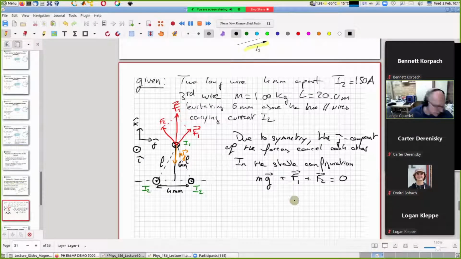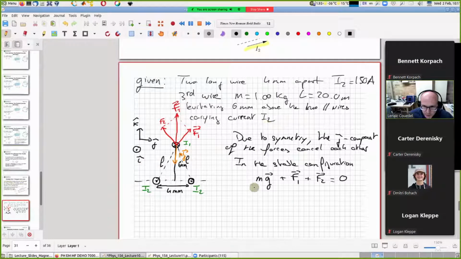So now the question is just to find what are F1 and F2, and we're gonna restrain ourselves to the k hat direction because we know the j hat direction has no importance right there.